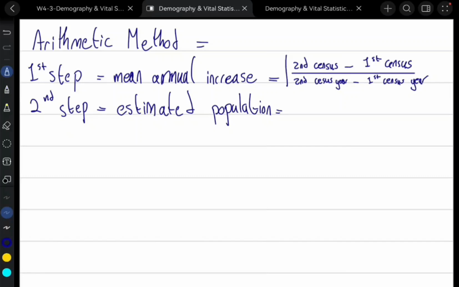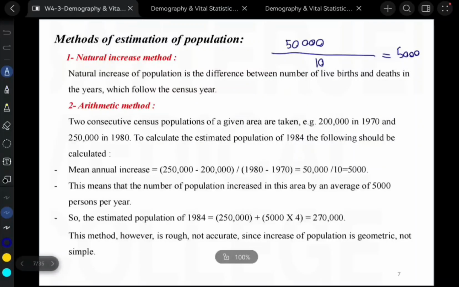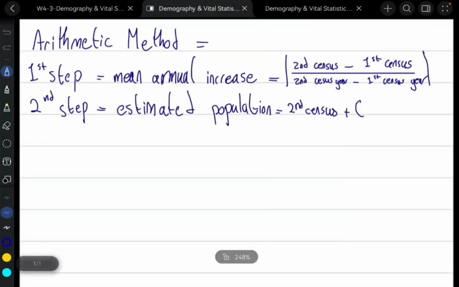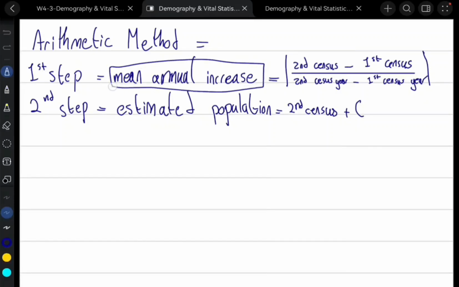Based on this, focus with me here. Based on this, it's going to be the second census plus, open brackets, mean annual increase. I'm going to call this mean annual increase MAI, just so I save some space.